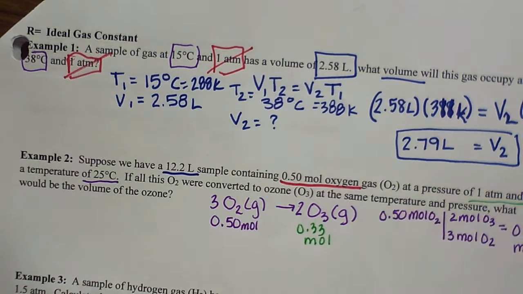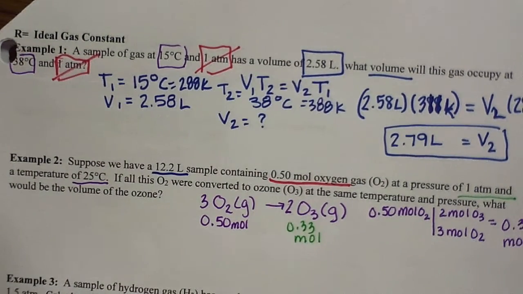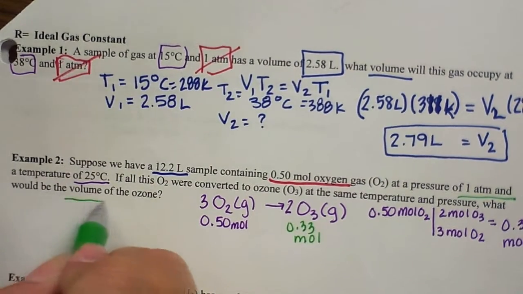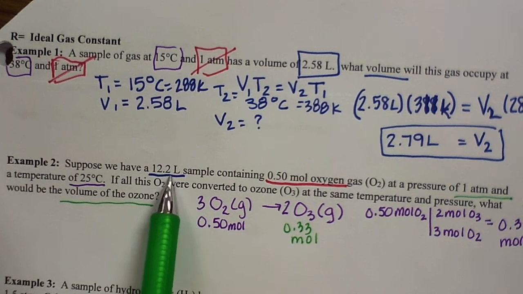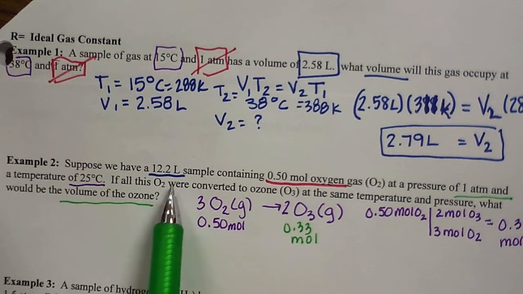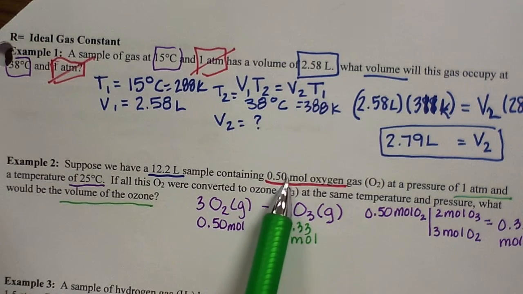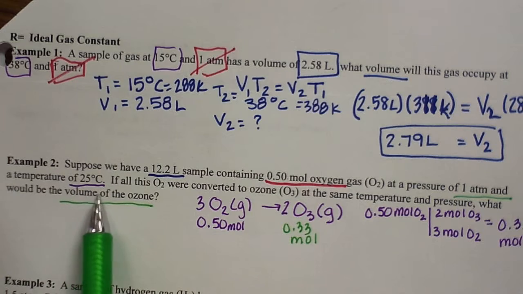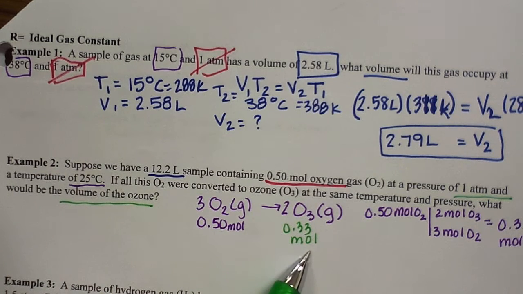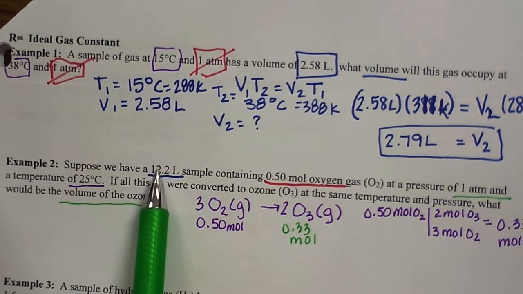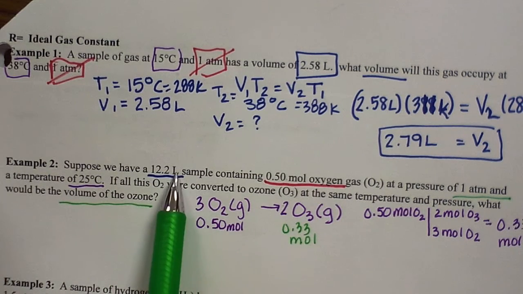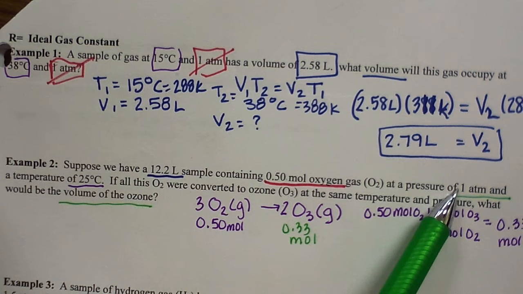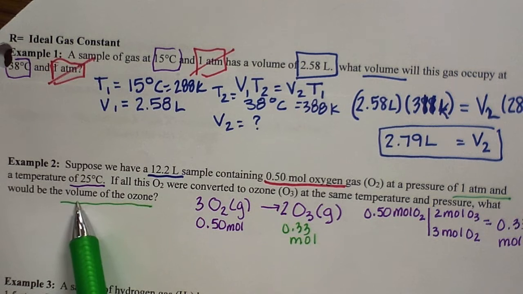So we end up with 0.33 moles of O3. The question is, what would the volume be? We started with this volume. So we have volume, we have moles, now we have moles, and we have temperature. The question is, what is the volume? We have T1, N1, V1, and P1. You with me? What we want to know is V2.